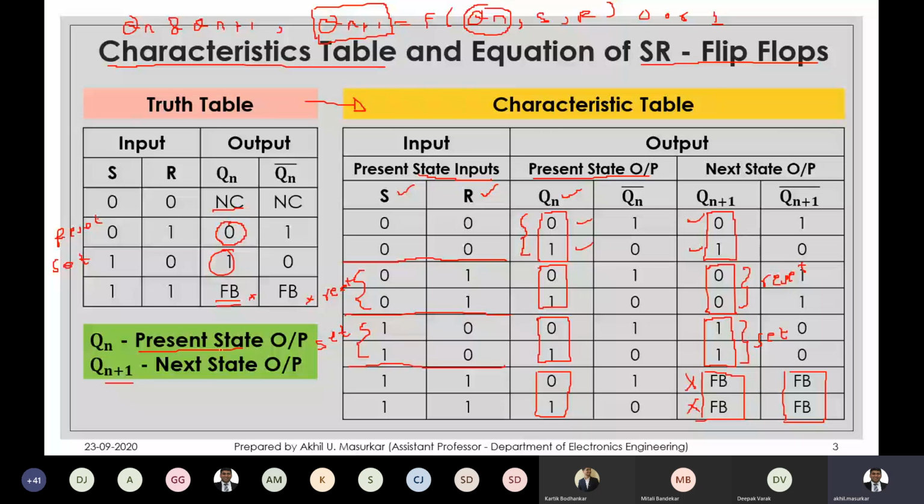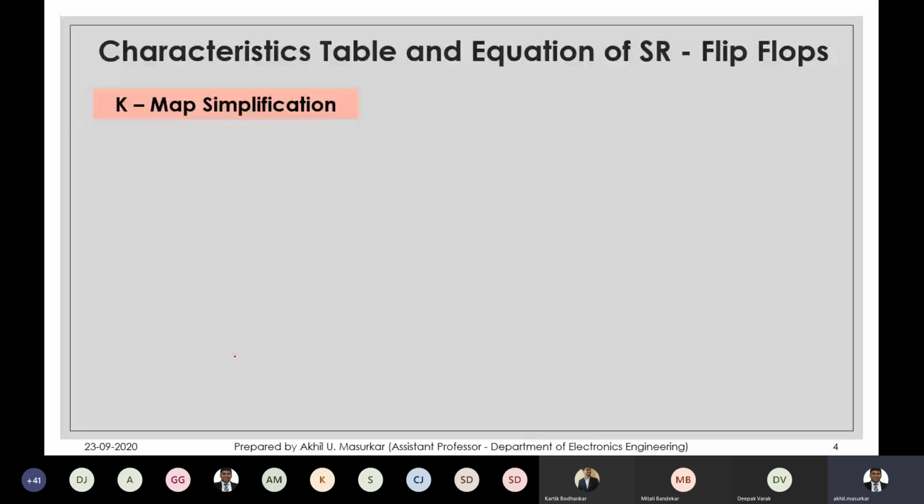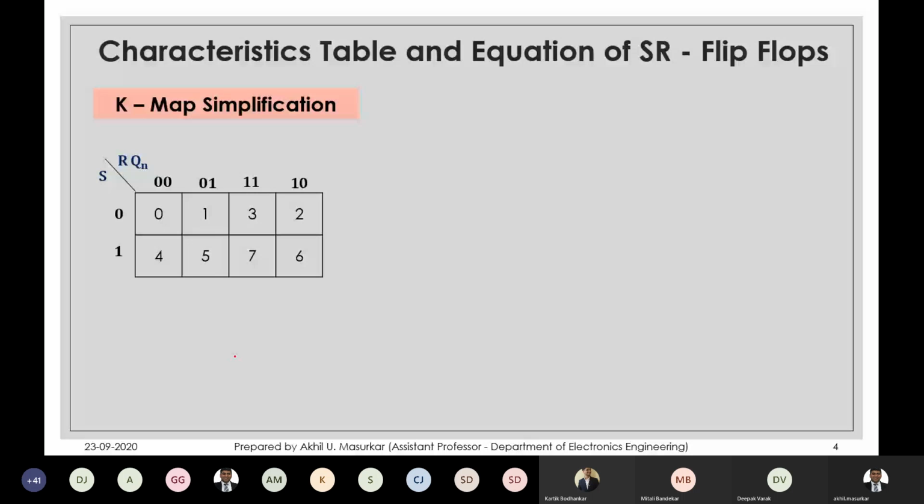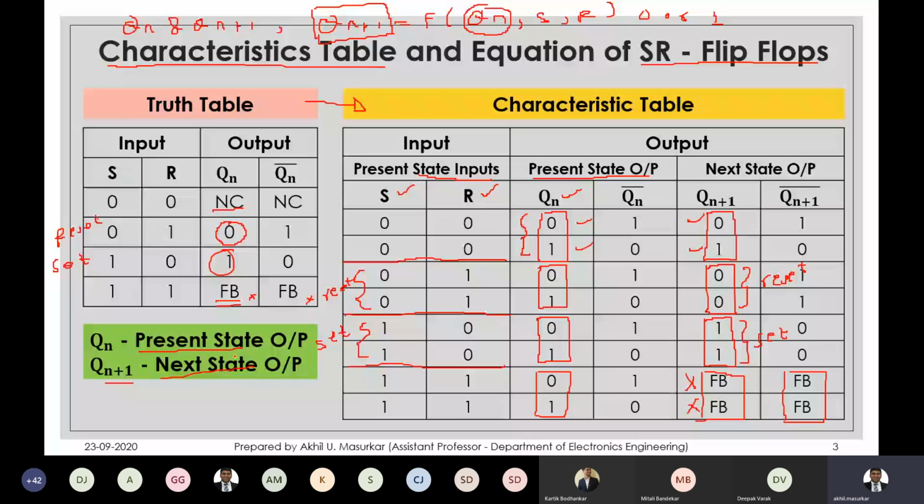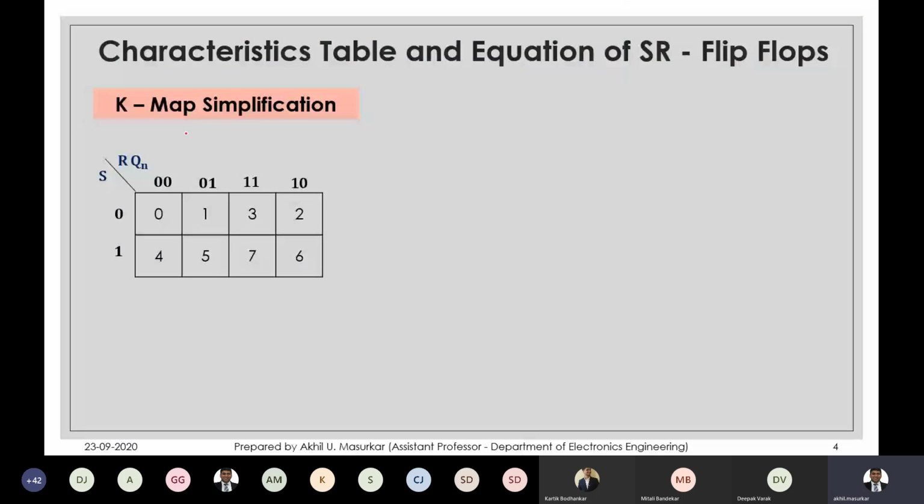Now, how to do K-map simplification? So you can see the characteristic table now. My inputs are going to be S, R, and Qn.